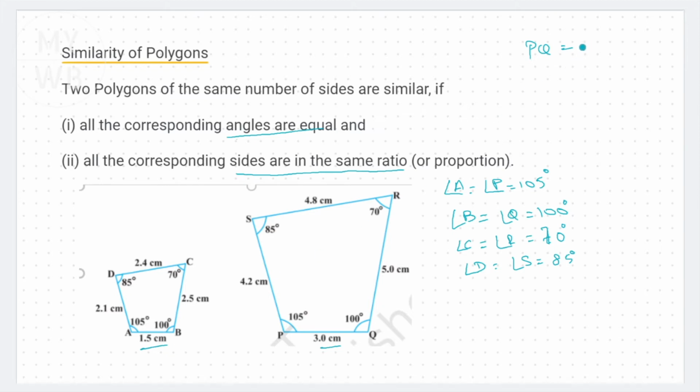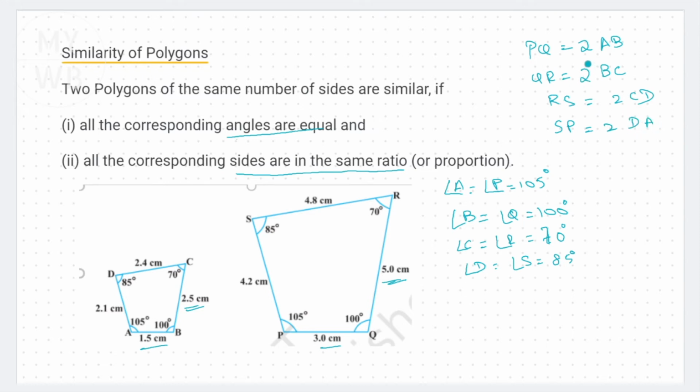So we can write PQ is twice AB. 2 times 1.5 will give you 3. Similarly, QR is 5 and BC is 2.5. So QR is 2 times BC. Similarly, we have for the other two sides as well. RS is 2 times CD. SP is 2 times DA.